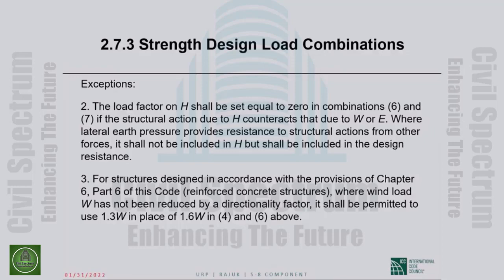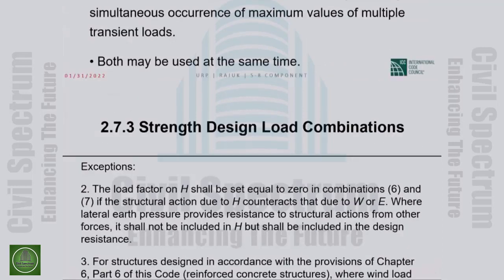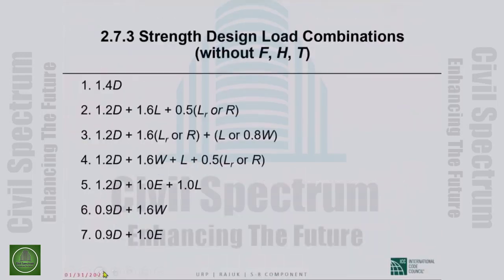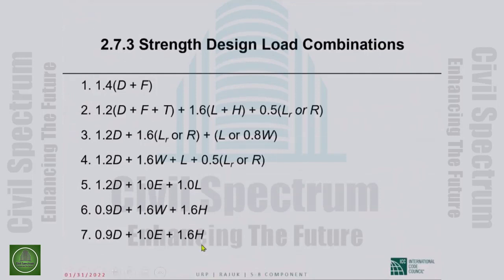The load factor of 1.6 on horizontal earth pressure. Okay, so exception 2 says the load factor on H is 1.6 if it hurts, not if it helps.